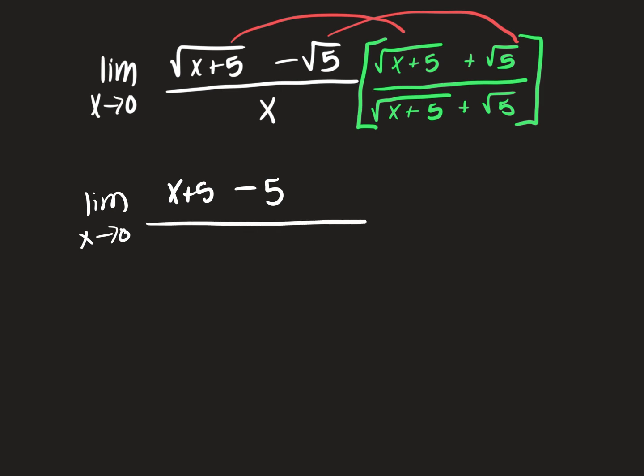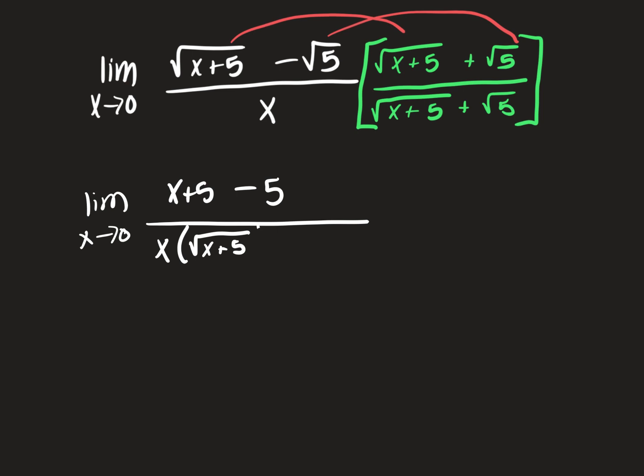And then on the bottom, we have x times the square root of x plus 5. So then the x cancels.